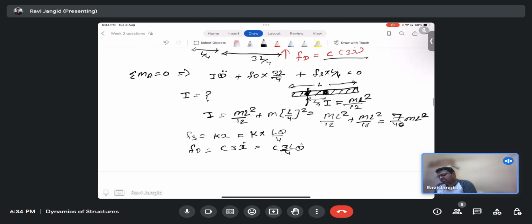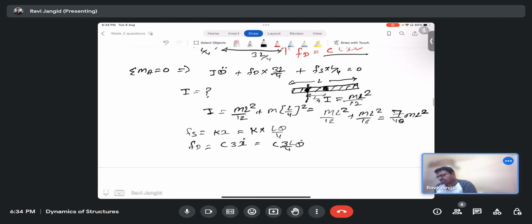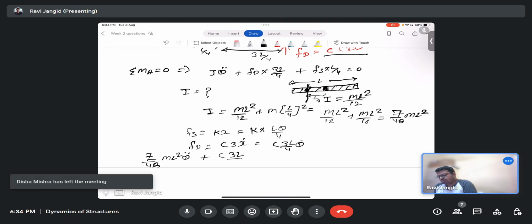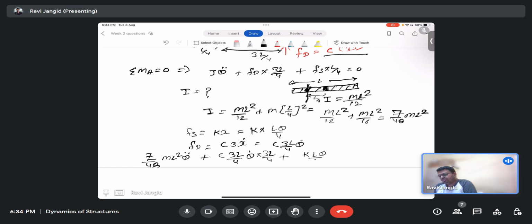If I put these into the equation, I will get 7 by 48 ml square into theta double dot plus Fd, which is c into 3l by 4 theta dot, into 3l by 4, plus Fs, which is k L theta by 4, into l by 4, is equal to 0.